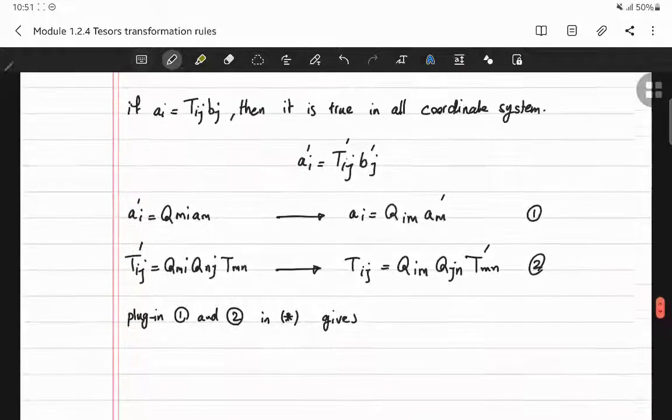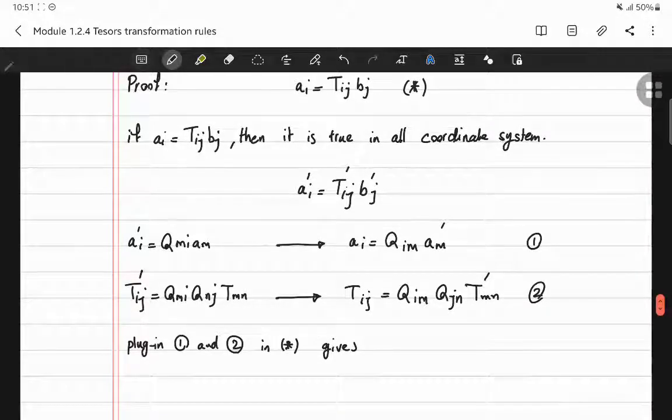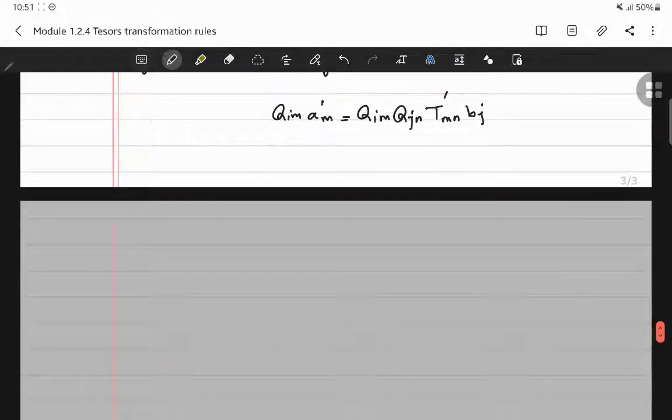So I have A prime. Sorry, A_i is here. So I have Q_im A prime m is equal to T_ij, which is Q_im Q_jn T prime mn. Finally, I have B_j. Good.